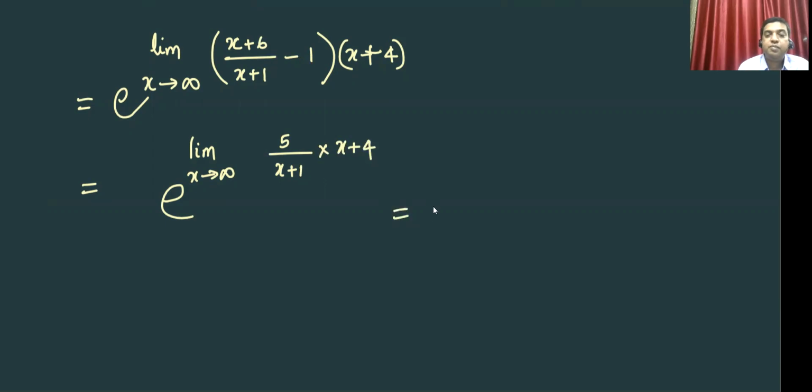So dividing by x, this is e power limit x tends to infinity, 5 into (1 plus 4 upon x) divided by (1 plus 1 upon x).